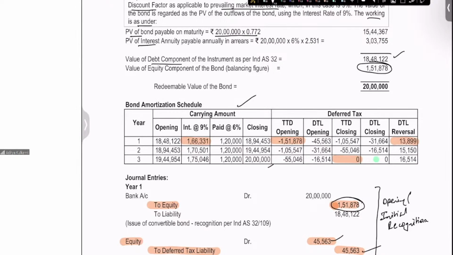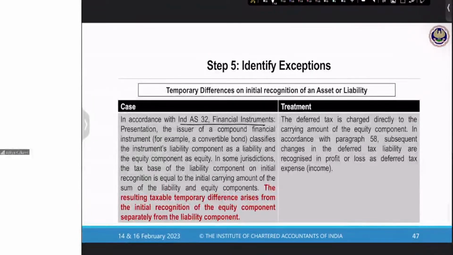So now let us read the note. In accordance with Ind AS 32, the issuer of a compound financial instrument classifies the liability component as a liability and the equity component as equity. We have done that. The deferred tax is charged directly to the carrying amount of the equity component.